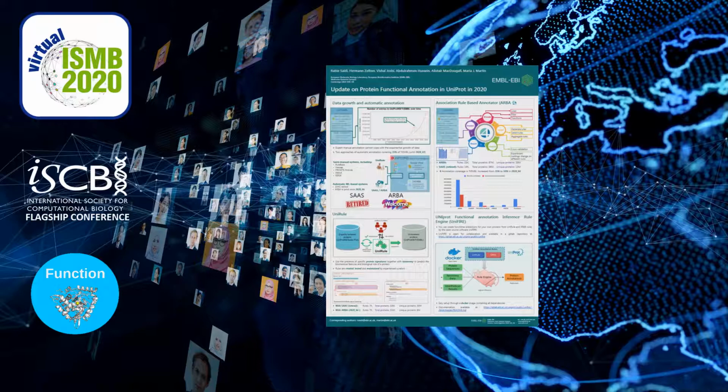Automatic annotation could cover 35% of TrEMBL as of the current public release 2020-03, which means 35% of proteins in TrEMBL could get enriched by means of this automatic annotation.